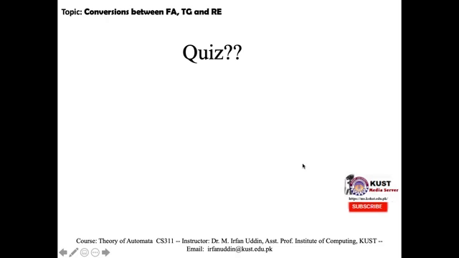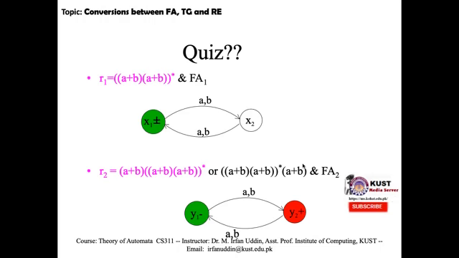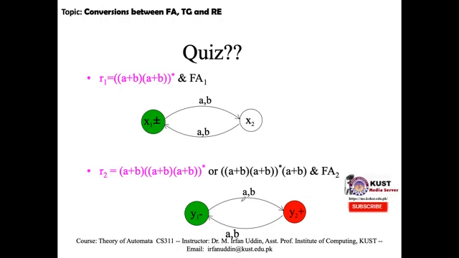It was the quiz that I gave you in the last lecture. It was about R1 for FA1, which accepts the language L of strings having even length, and this is the second regular expression for FA2, which accepts words of odd length.